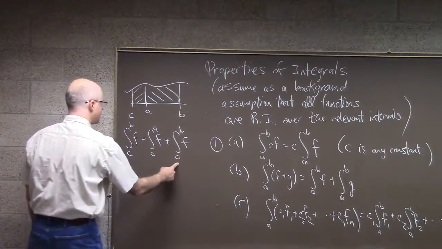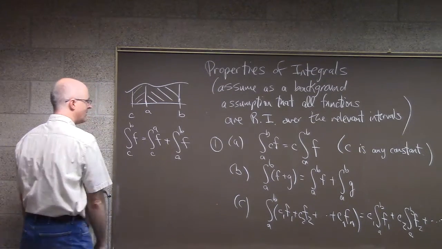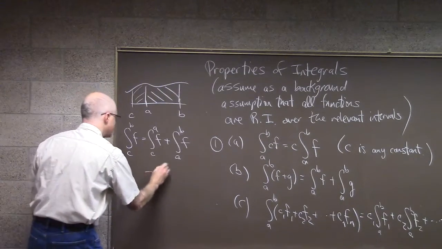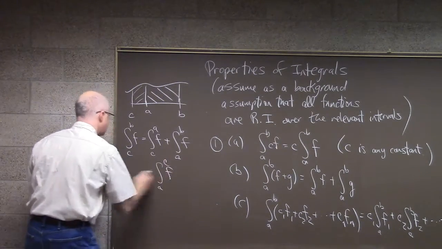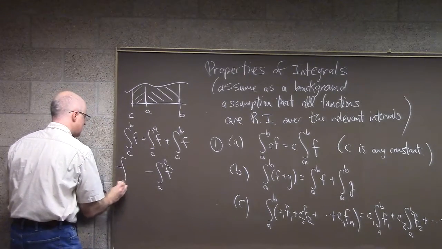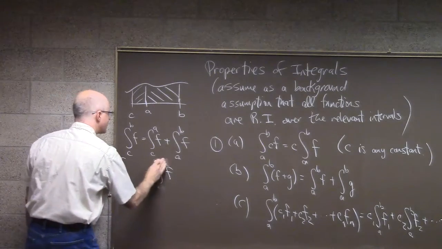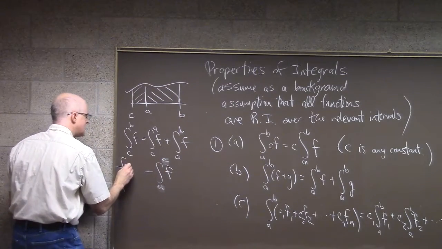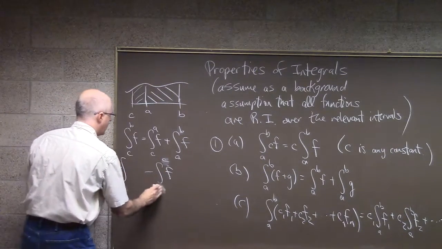Let's see, if you solve this equation for the integral of f from a to b by subtracting this integral from both sides. Oops, get the direction right. Had it right before.